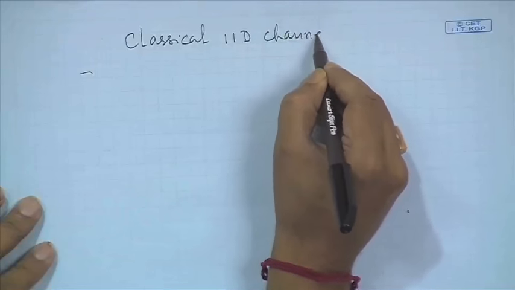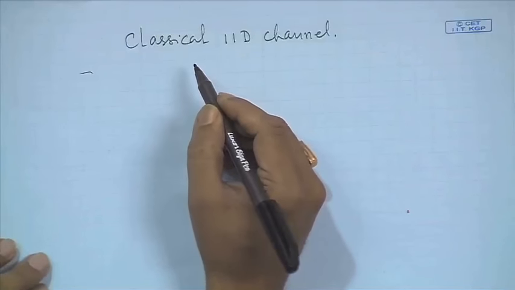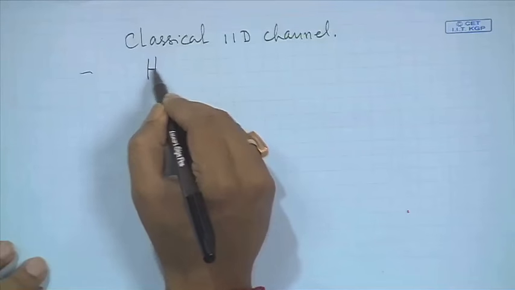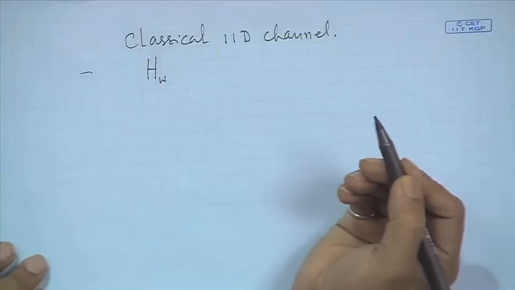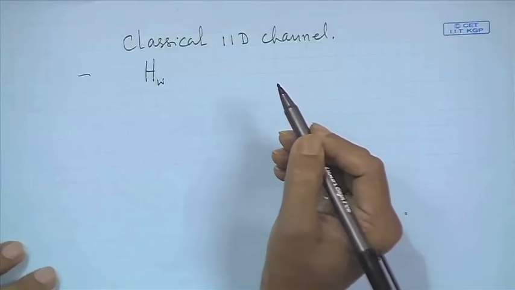This is one of the most important things that we have seen, and it's basically the H matrix, usually represented by H_W, which means spatially white.